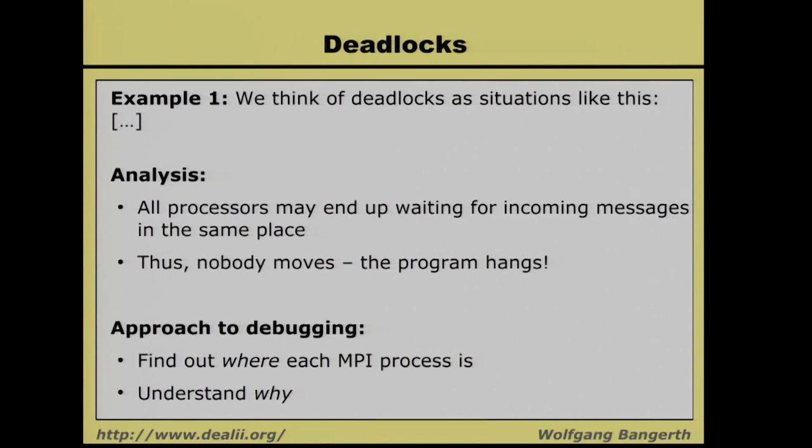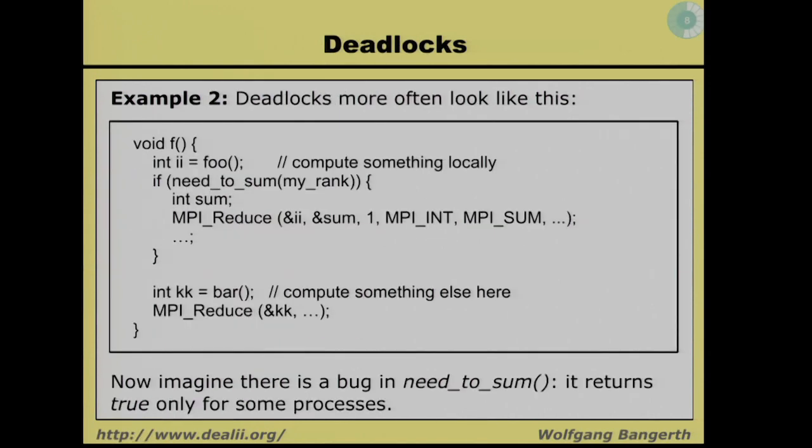So a deadlock can also look like this. The first one was clearly a wrongly designed algorithm. Here is something that can happen by accident. So let's say I have a function f, and it computes something locally. And then we have an if statement that says, do I need to sum all of the results that we have computed locally into one global number?